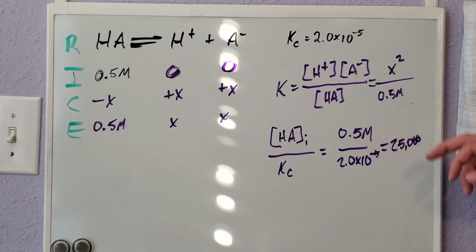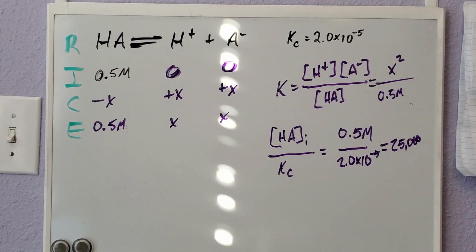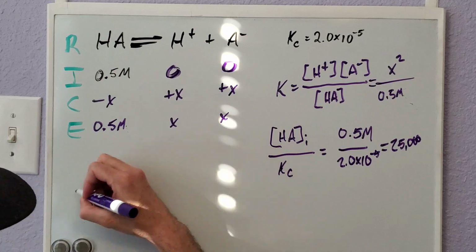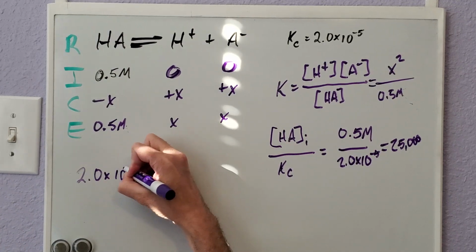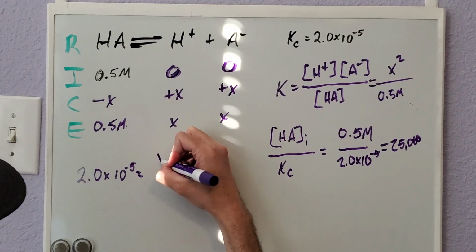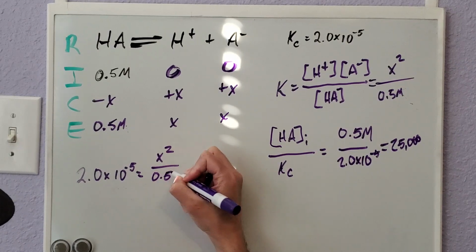And so here, if we have our x squared over our 0.5, we can replace the denominator with 0.5. So we would end up with 2.0 times 10 to the negative 5 equals x squared over 0.5 molarity.